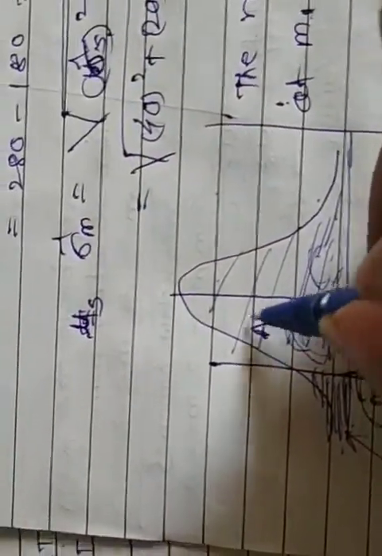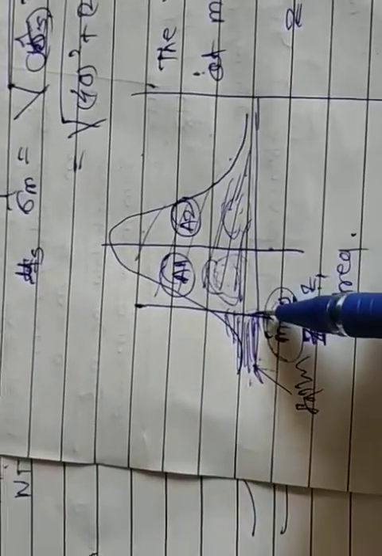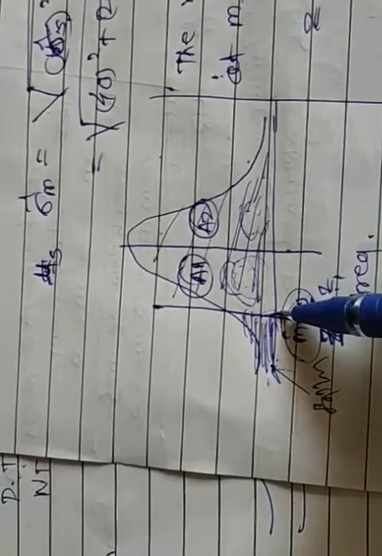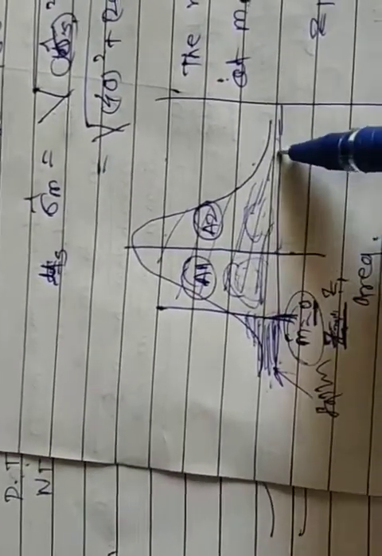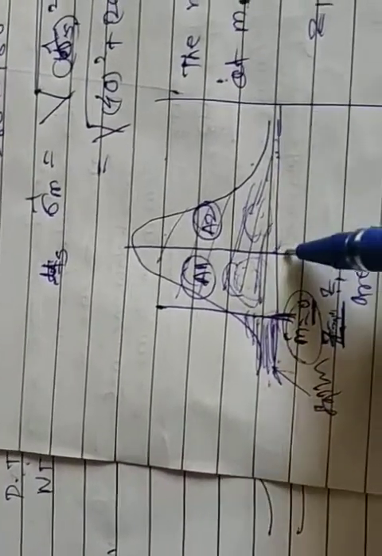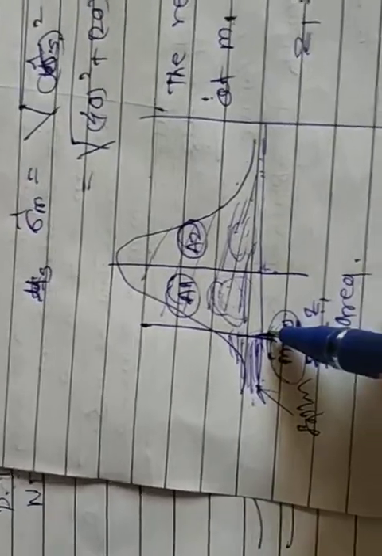Now we have the areas. The two areas we have right over here. I will write down, this is the A1 area and this is the A2 area, where A1 is ranging from mu m to m, that is z equal to minus 2.24, and the second, A2, is the 0.5 we know, z equal to 0 to z equal to minus 2.24.